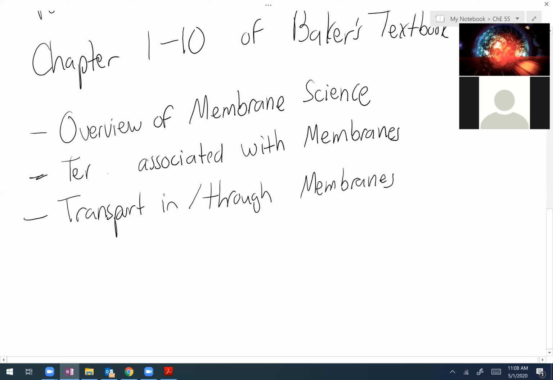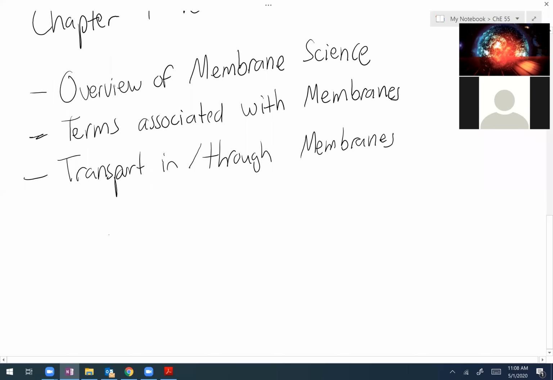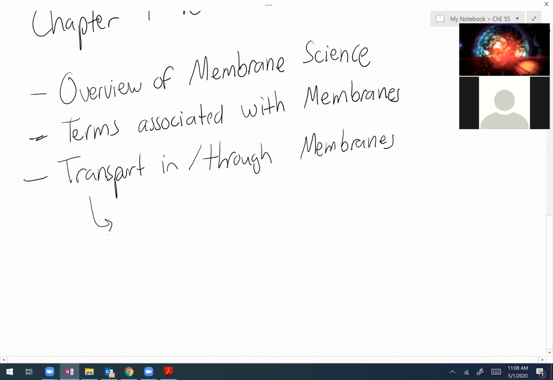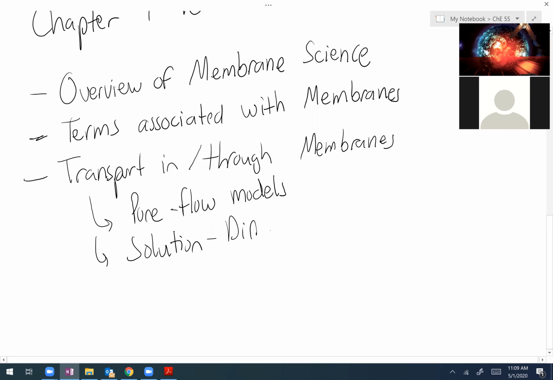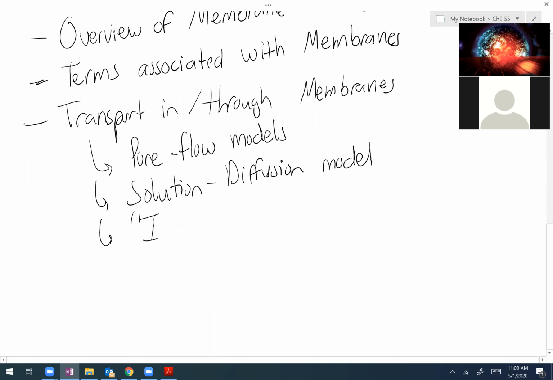And of course, we looked at pore flow models, solution diffusion model, and then the in-betweens briefly, but I probably, if I'm honest, won't emphasize them.